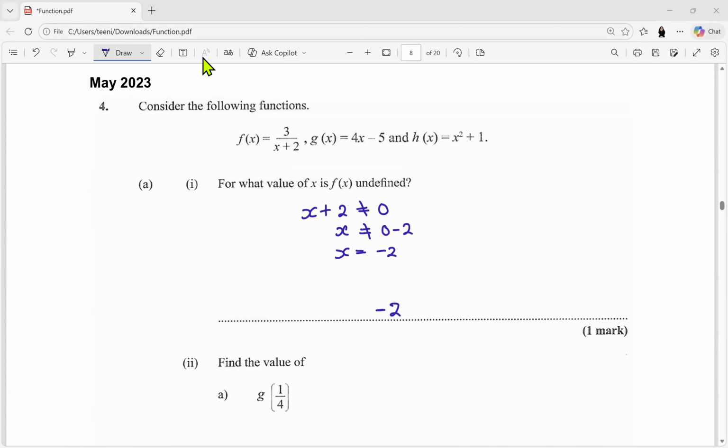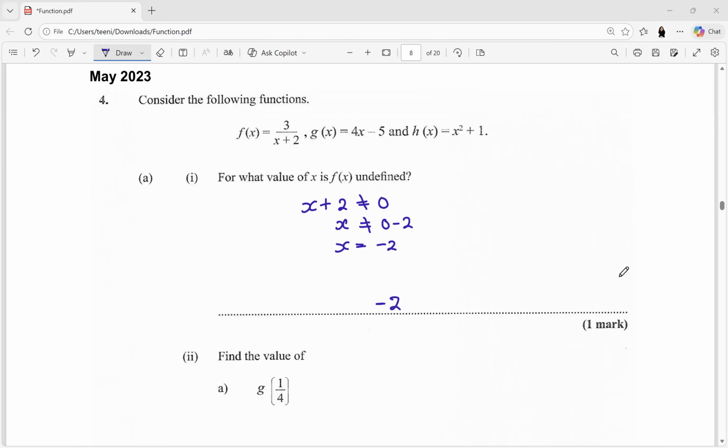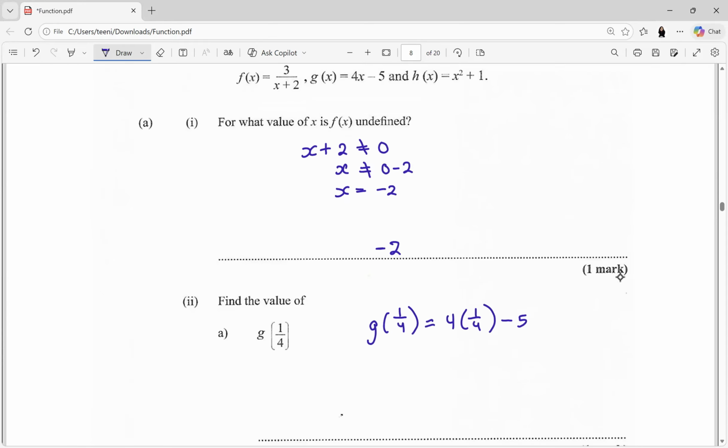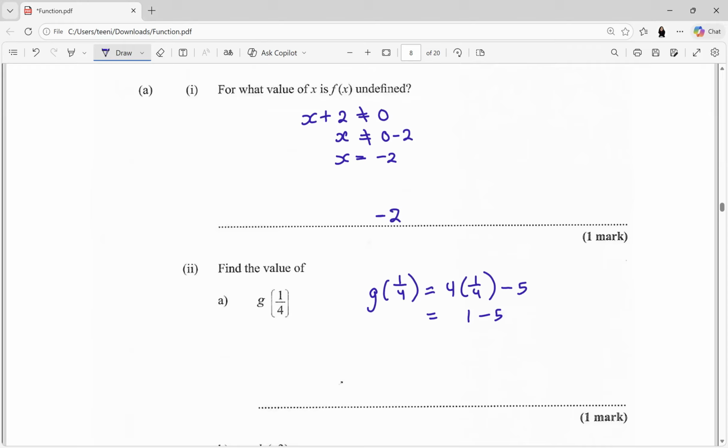g of a quarter. Well, g(x) is 4 times x minus 5. So g(1/4) is 4 times 1/4 minus 5. 4 times a quarter is 1, and 1 take away 5 is -4. So g of a quarter is -4.